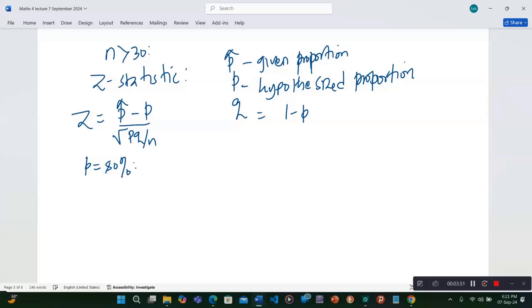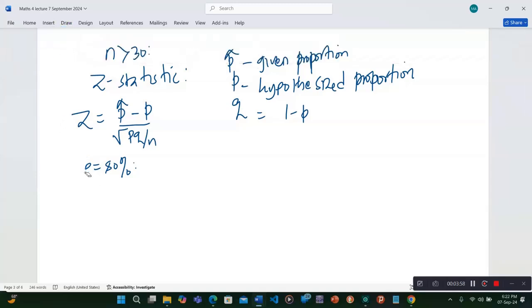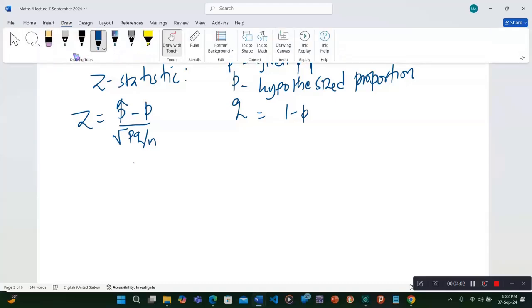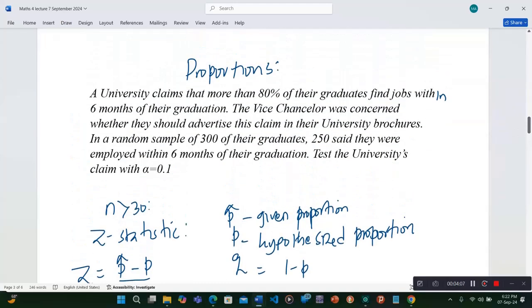And this is the one that is going to give us our basis for formulating the null hypothesis. So what is the null hypothesis? The null hypothesis is going to be that the proportion of the graduates that find jobs within 6 months is 80% or 0.8.